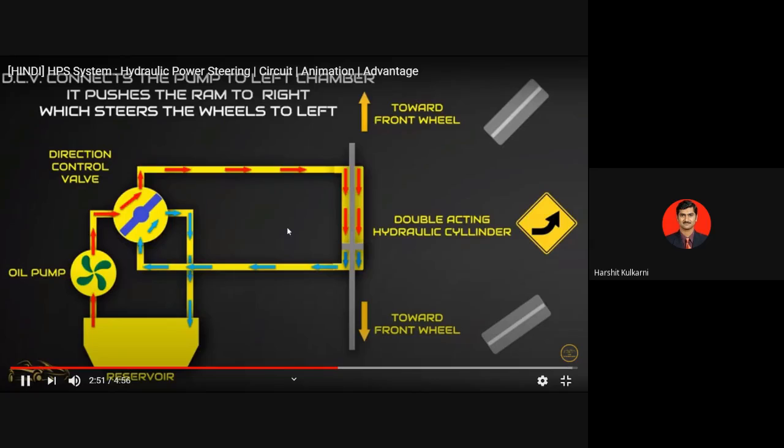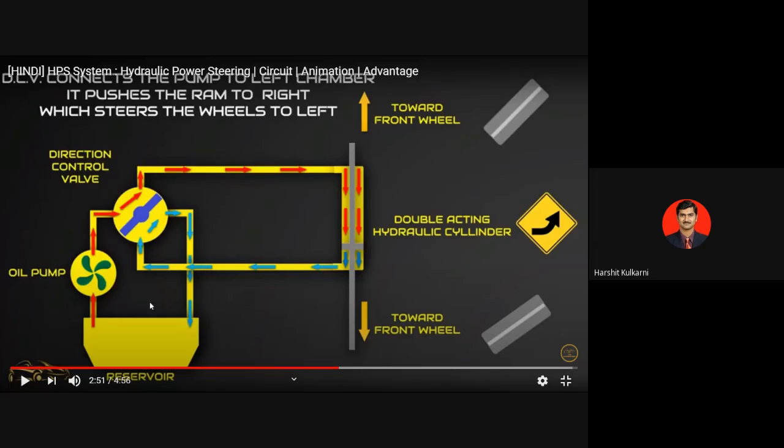Just if you observe, when we were explaining in the lab, we have the connections as P to A and T to B. So where are those P to A? P is the pump, A is the first movement, that is extension of the cylinder, and what is that B to T? B is nothing but this side, wherein from the blank end the oil will move back to the tank.